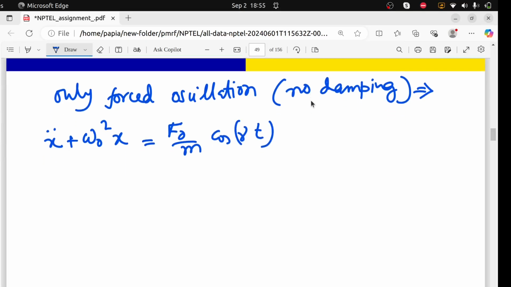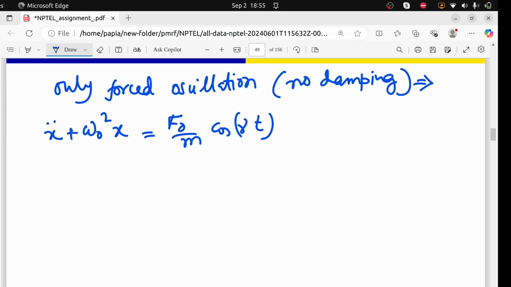Right? And then our x(t) was what? x(t) we were talking about just some time before, and that was like some CF and PI will be there.